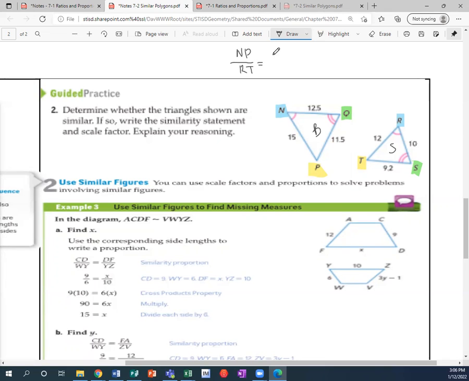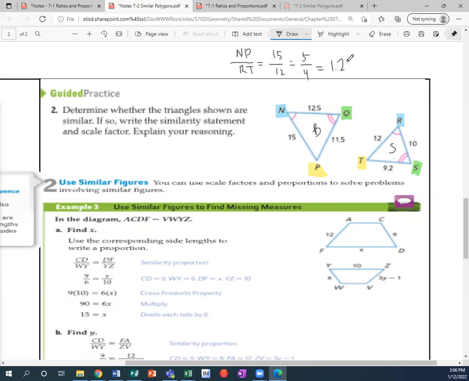Substitute. NP was 15. RT gives me 12. And when I simplify this, you can either simplify it manually. I think that's 5/4. Or if you want to throw it as a decimal at me, just to make it a little easier to think through, because some of these ratios end up with decimals, that's okay too.